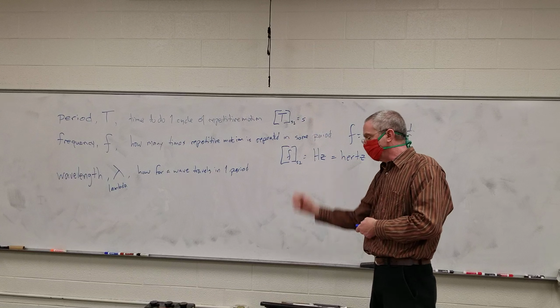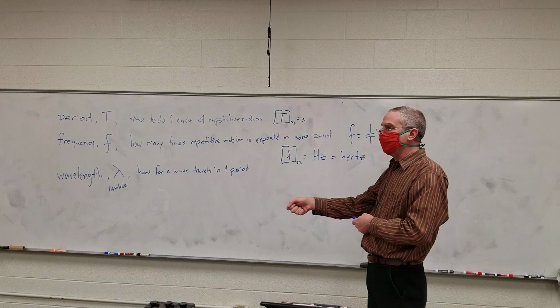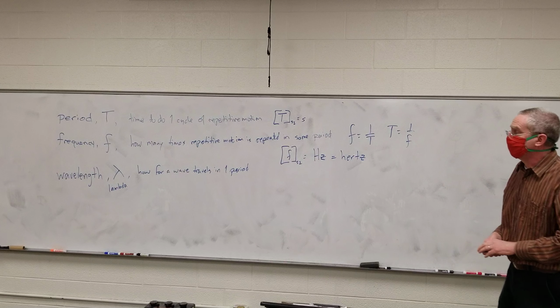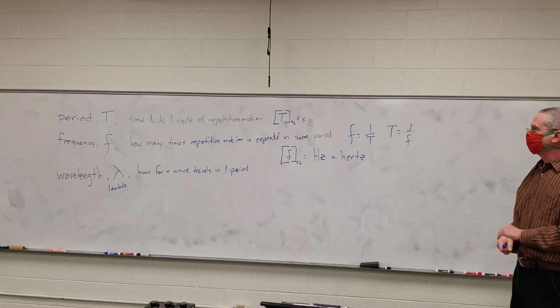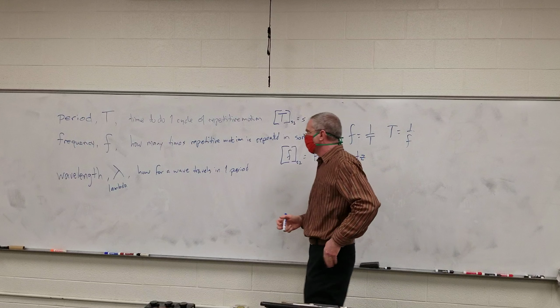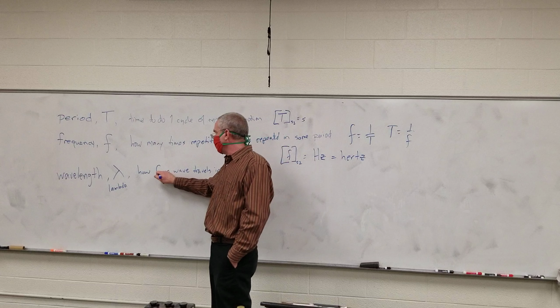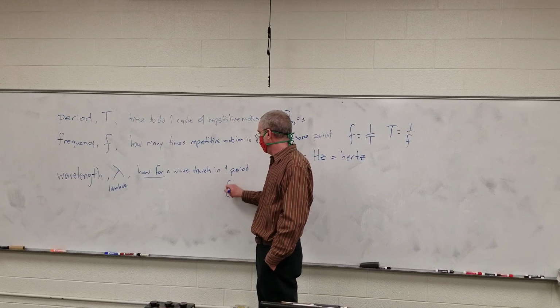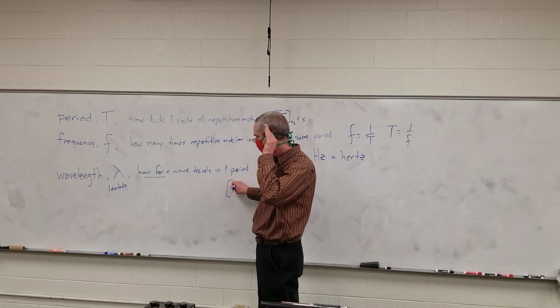So I'll go from here down and then back up, that would be the period. And then how far that ripple traveled would be the wavelength in that amount of time. So since it's answering the question of how far, what would be the unit of wavelength? Meters? Yep.